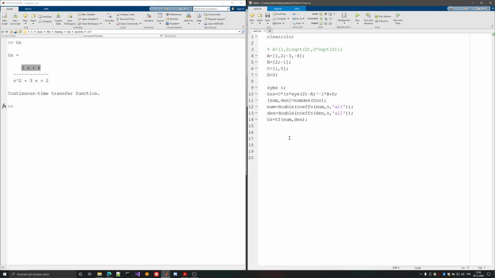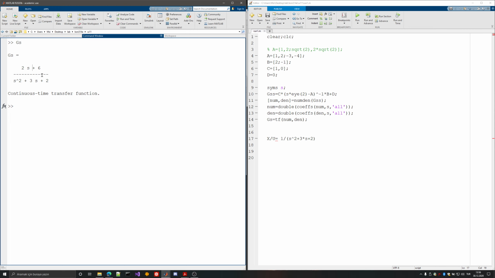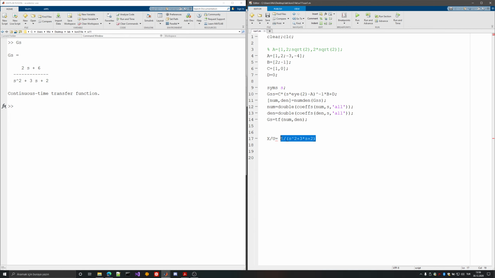So it should look like this: 1 divided by s squared plus 3 times s plus 2. So I get rid of the numerator. I will come back to the numerator, but the only thing that I'm using here is the denominator.